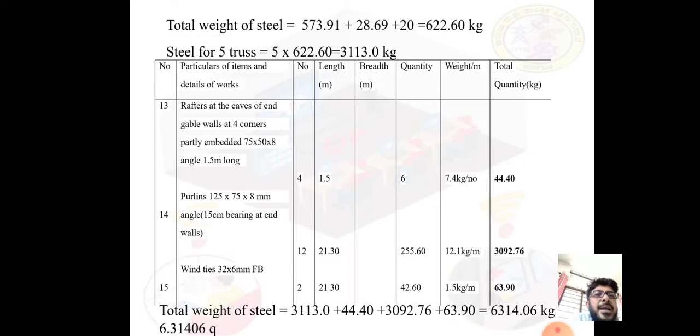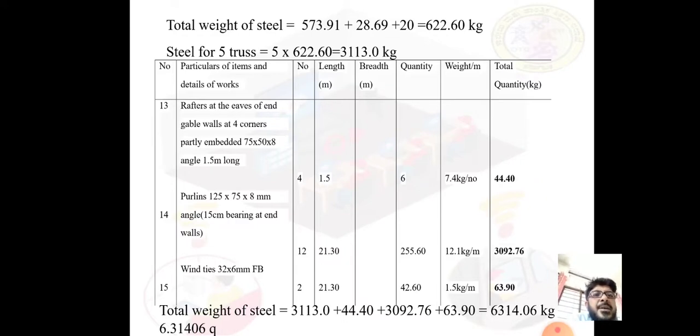Total length 21 meter, and 15 centimeter bearing on either side means 30 centimeter. So total length becomes 21.3. Total purlins are 12 and quantity 255.6. So weight per meter is 12.1 kg. So total 3092.76 kg of purlins are used.